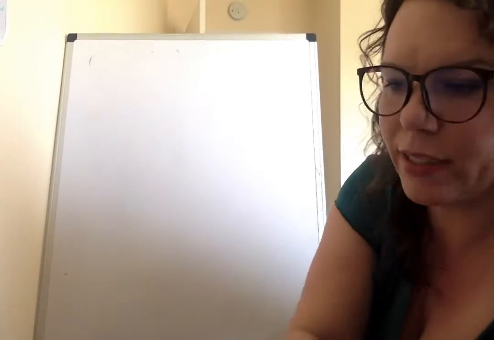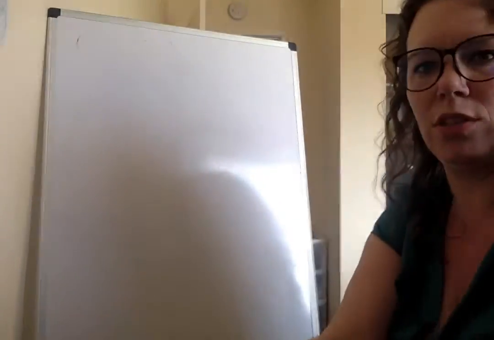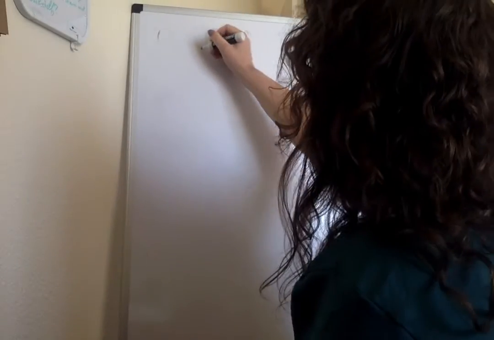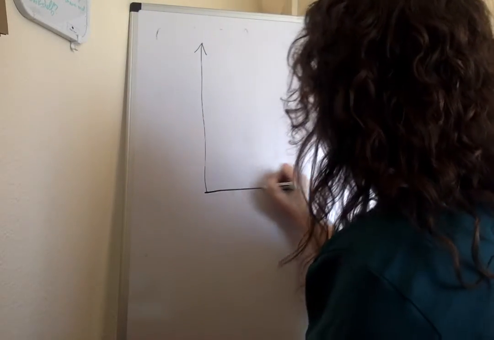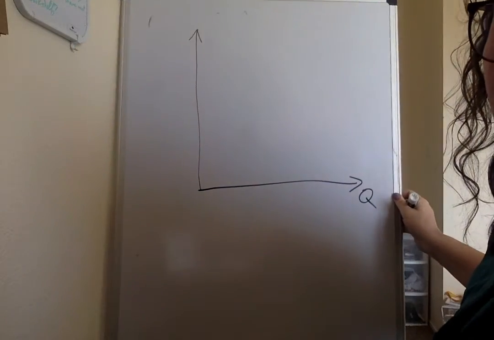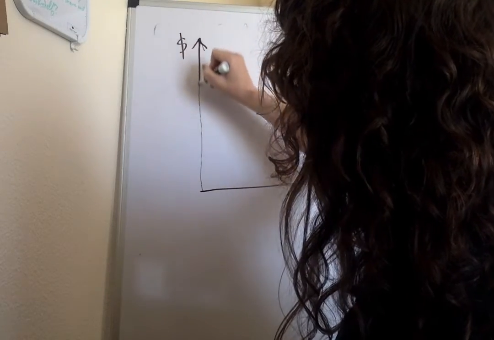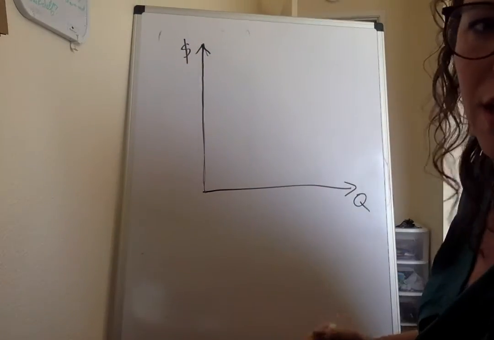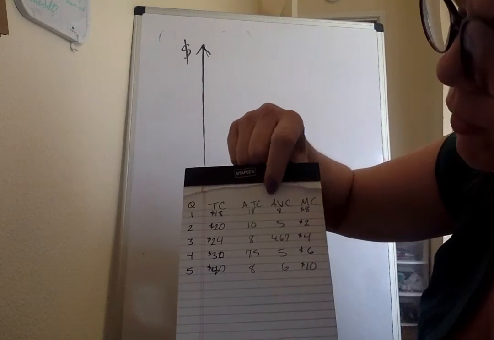So I've got my handy dandy cheat sheet where I calculated everything already. And so I'm going to now go ahead and try to graph this. I want you guys to come with me. So I'm going to need an axis for the cost and an axis for the quantity. This is going to be the quantity of units that my firm's producing, and the cost associated with producing that. And I know that I'm going to be graphing average total cost, average variable cost, and marginal cost.